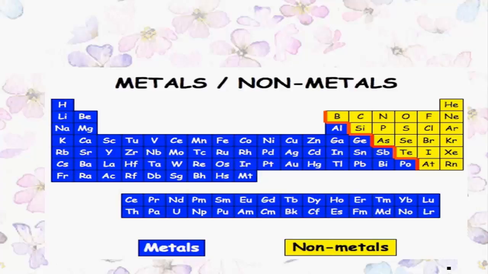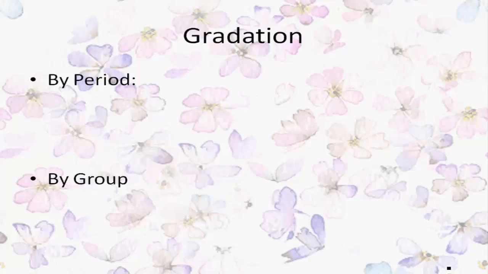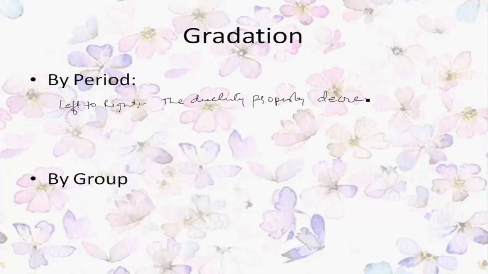So keeping this concept in mind, let's understand the variation of the ductility property by group and by period. By period, when we move from left to right, the ductility property decreases just because we move from metals to non-metals.